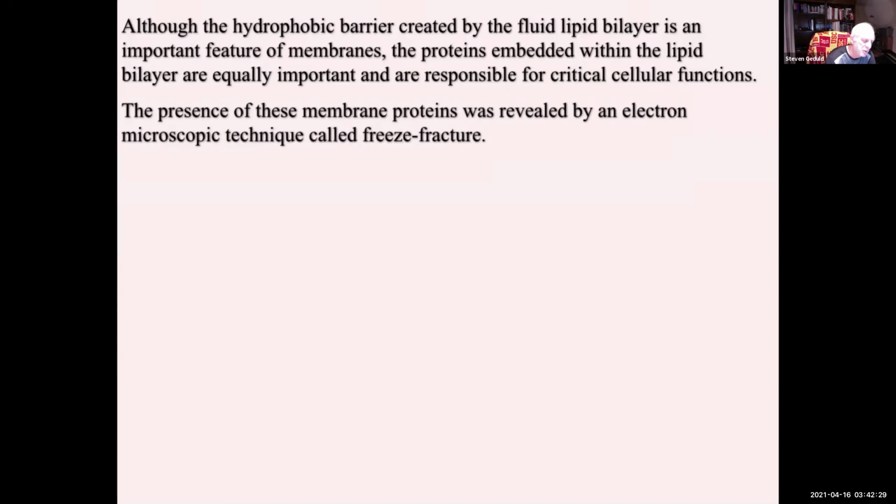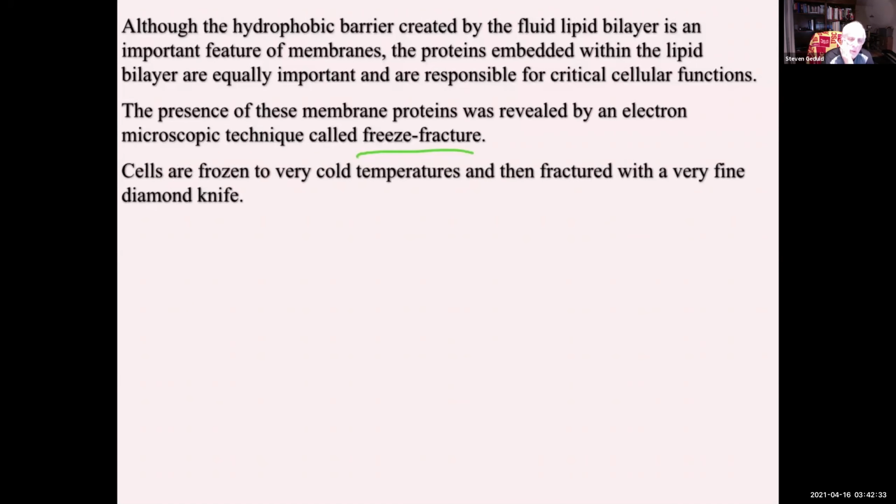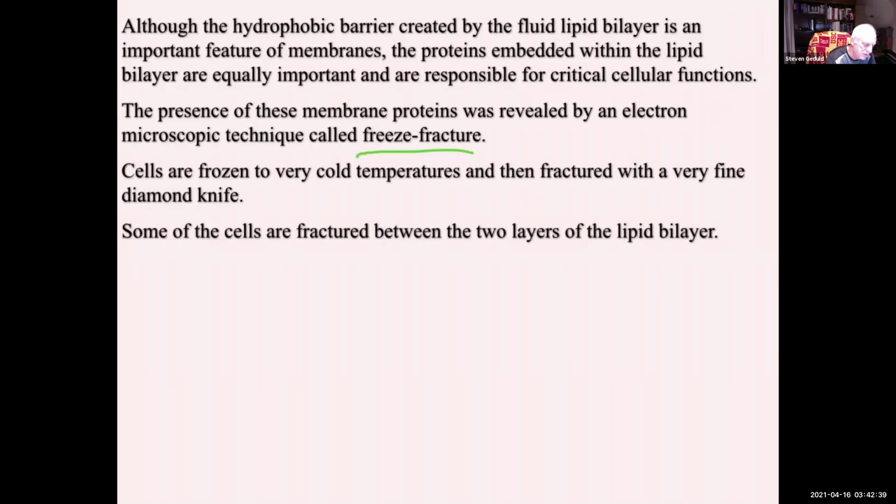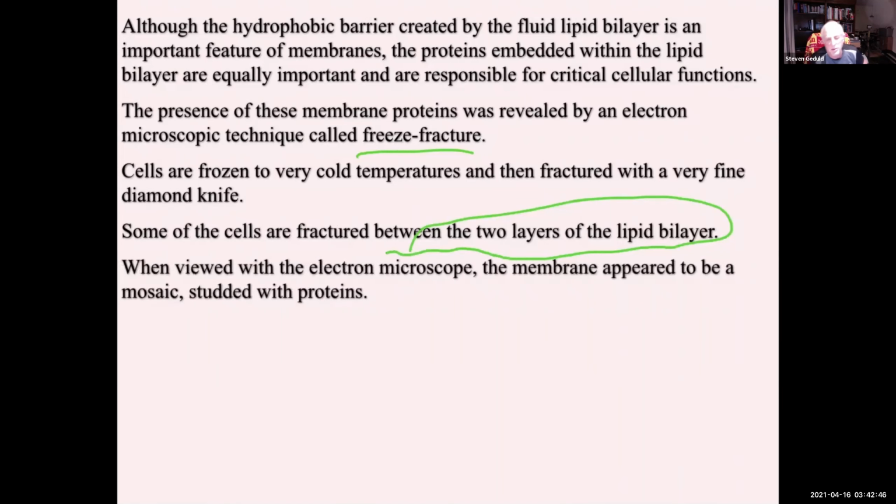The presence of these membrane proteins was revealed by an electron microscope technique called freeze fracture. Cells are frozen, okay, very cold temperature, then fractured with a fine diamond knife. Once they're fractured, you can see between the two layers of the lipid bilayer of the membrane. You can pull it apart. When viewed with electron microscope, the membrane appeared to be a mosaic studded with proteins, like we thought.